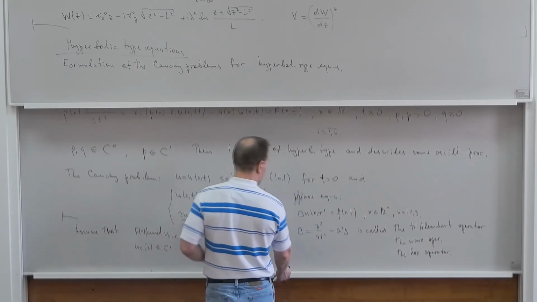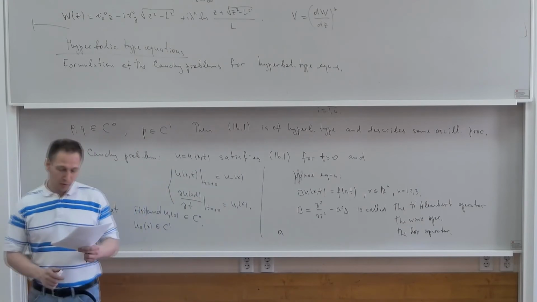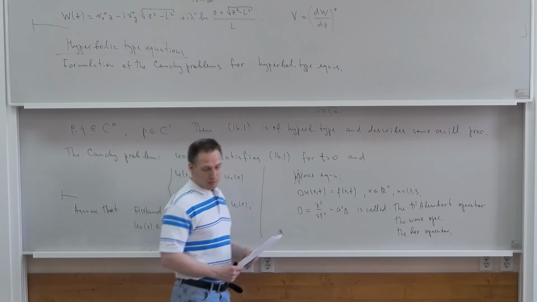Here, the physical meaning of a is the velocity of propagation of perturbations described by this equation.